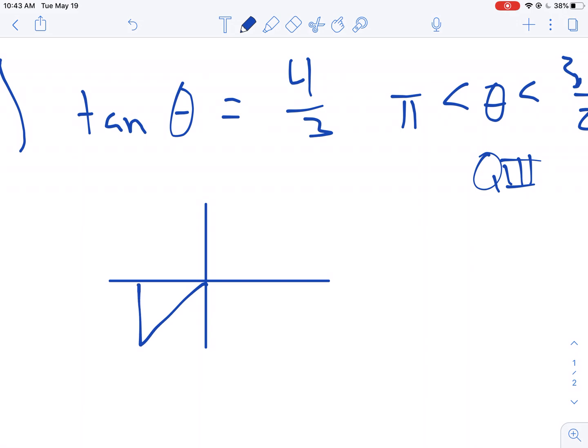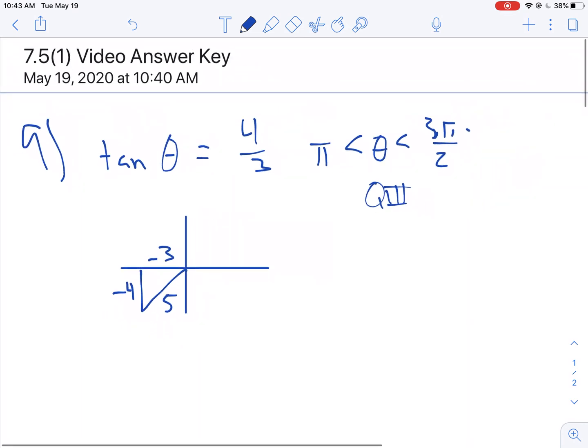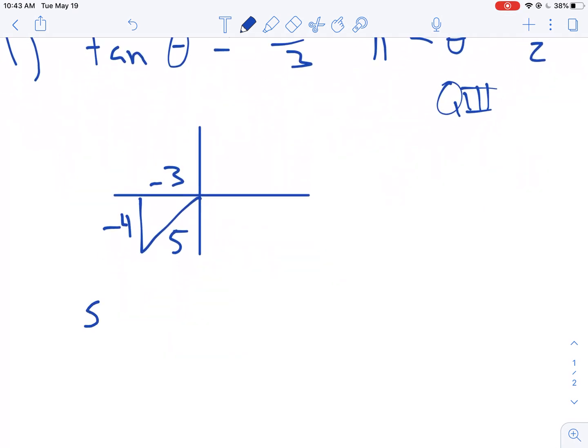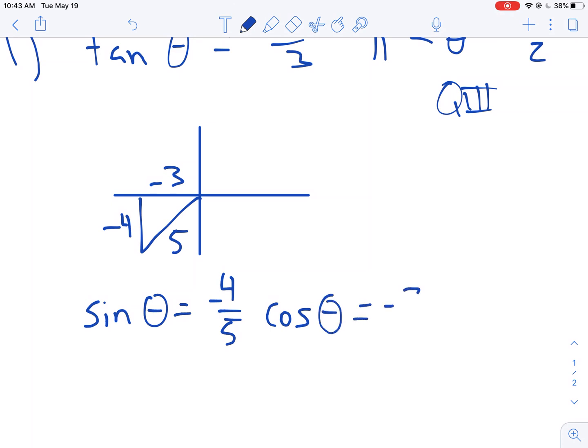So tangent is opposite over adjacent, so this means I'm looking at an opposite of -4 and adjacent of -3. Again, the book is doing a really good job of setting this up for us. They like giving us these 3, 4, 5 triangles. So then I've got a 5 for my hypotenuse value. That means that my sine of theta is equal to -4/5, and my cosine of theta is equal to -3/5.